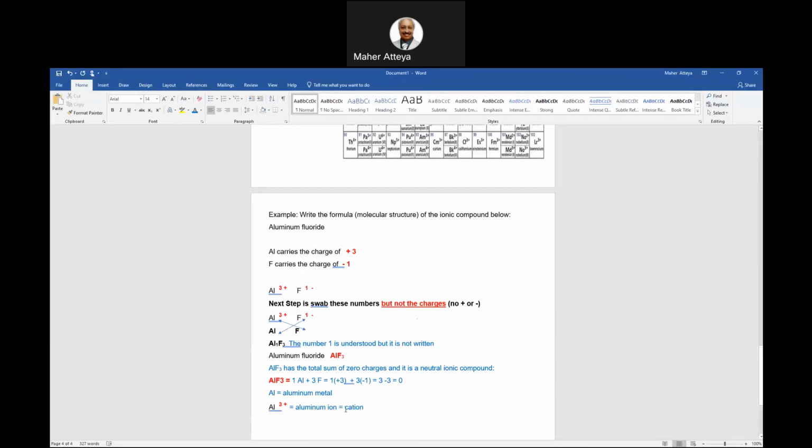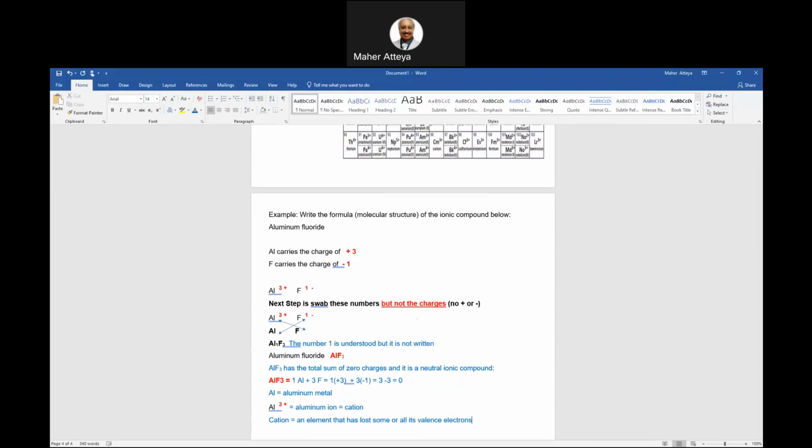Let's look at this. A cation is an element that has lost some or all of its valence electrons. So we are now defining something new for us. We have the cation definition.